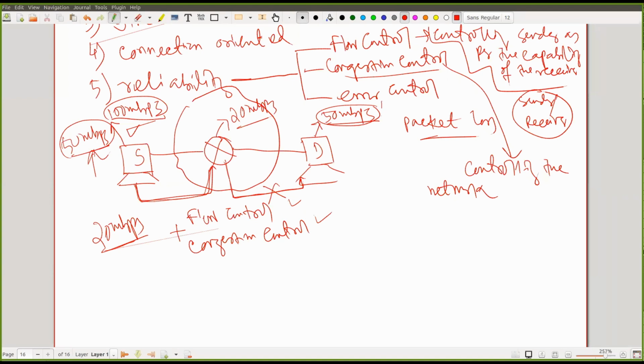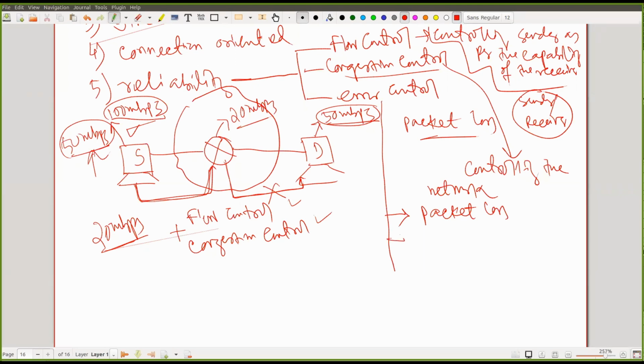So error control talks about three things. First, packet loss. Packet may be lost even if I have applied flow control and congestion control to synchronize and harmonize the packet communication in the network, but still I cannot ensure the packet will not be lost. In reality, whenever transmission is happening, the packet may be lost.